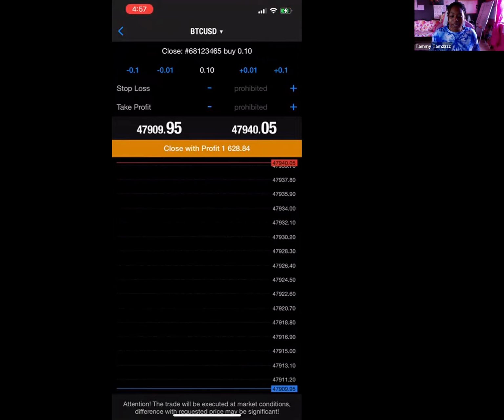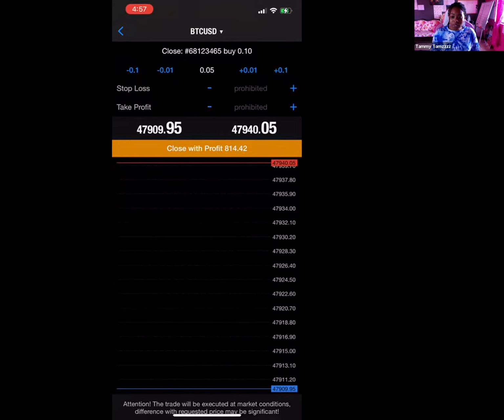We're gonna adjust the lot size, and we're gonna reduce it to 0.05 because that's half of 0.1. And you see that it said if we were up $1,000 just now, but half of that is 814.42 because I reduced my lot size to half of the 0.1.